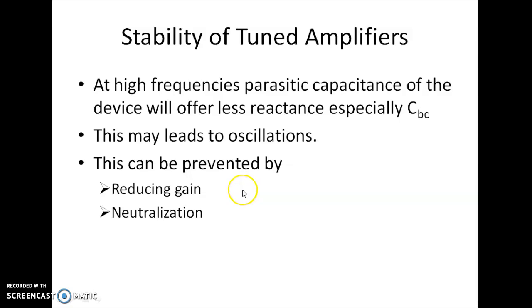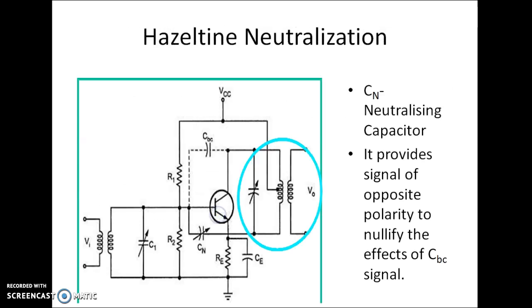How to reduce these oscillations? This can be prevented by reducing the gain at the unity gain frequency, or by doing neutralization. What is neutralization? Cancelling the effect of your Cb'c is called neutralization. Now we'll see one model, which is the Hazeltine neutralization model. Here I have shown the Cb'c effect. Now I have externally included a neutralizing capacitor Cn.